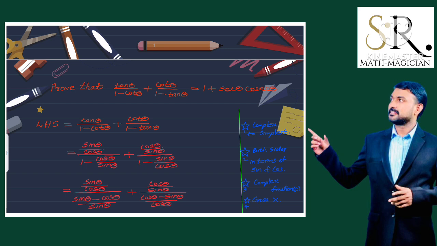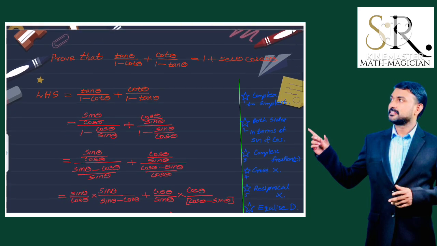Now what happened? Here the main division is there. Again one fraction here, one fraction here. What to do? This is actually a division, divided by. So this is the main division. Division of fractions is a reciprocal multiplication. That means the first fraction we can write, and this sine theta minus cos theta, which was divided by sine theta, this sine theta will go to the top. Reciprocal multiplication.